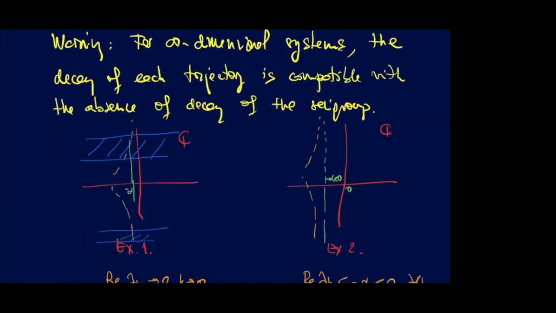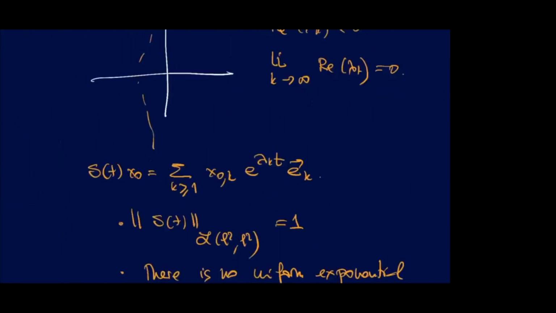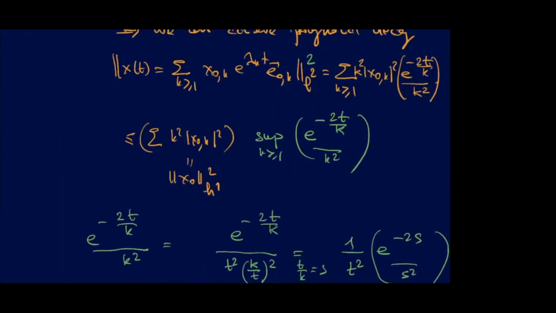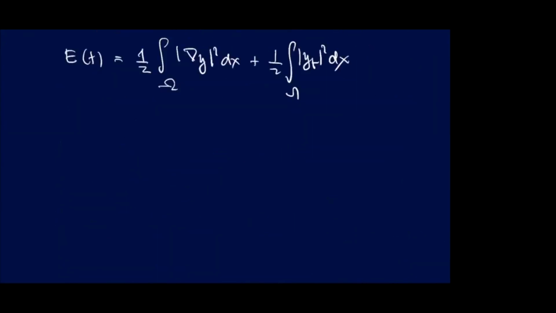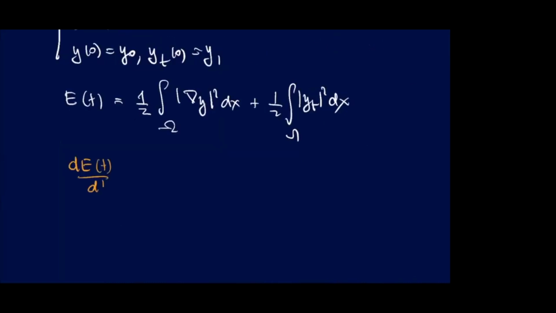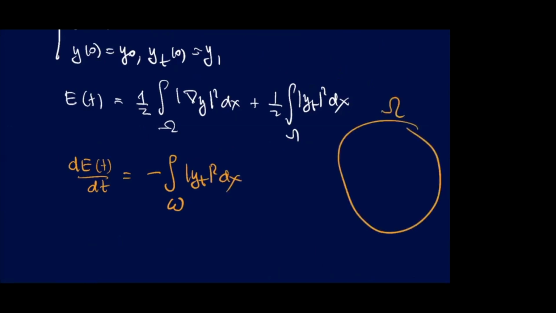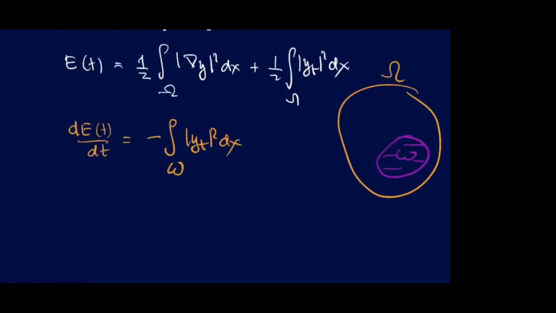And for this energy, the dissipation law is that the derivative of the energy is equal to minus the integral over omega of y_t squared dx. Okay, so this is the domain omega, the cavity on which the damping is effective. And they said, what can I do with this? What was the argument yesterday?